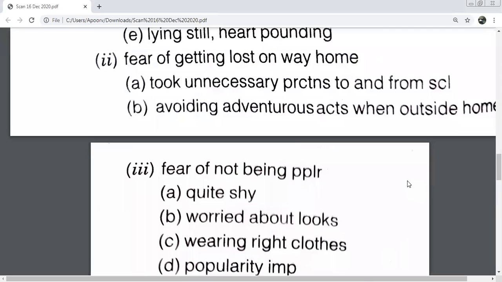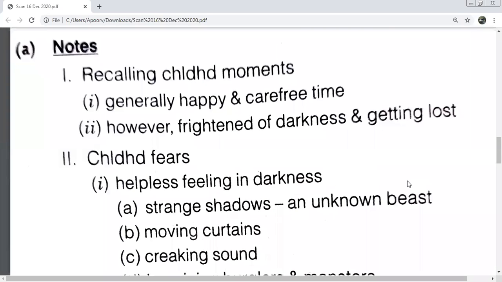Yes, here we have: recalling childhood, generally happy, carefree, frightened in darkness and getting lost. Now tell me, out of 10, how many points you would give yourself? Ma'am, first paragraph, full points. Full points. Okay.